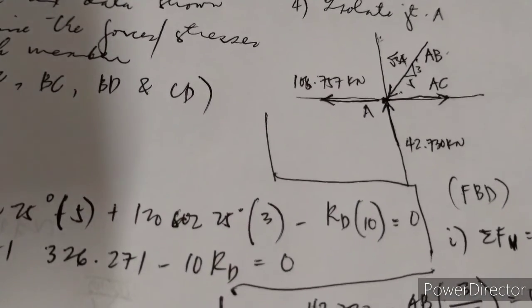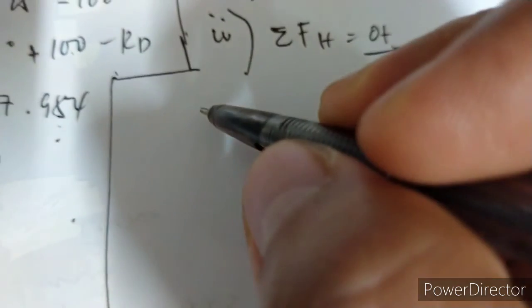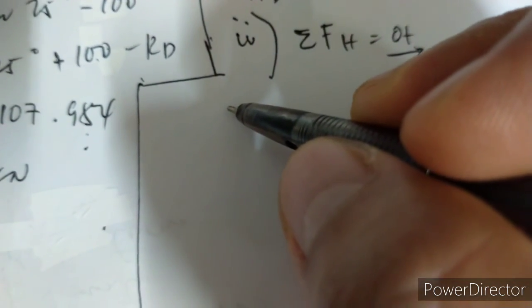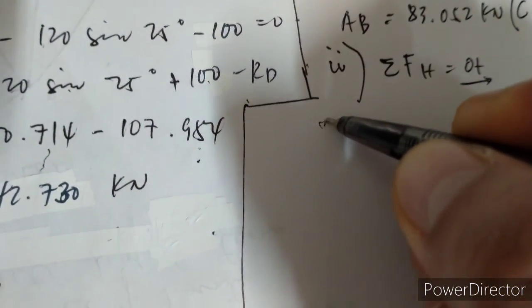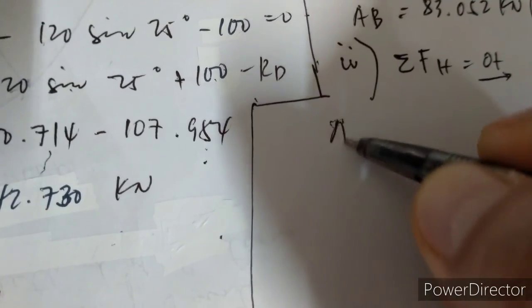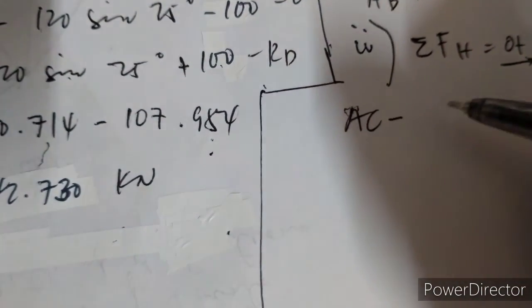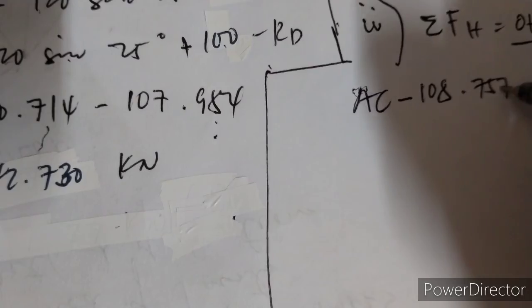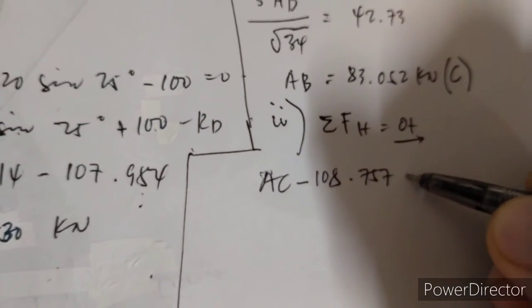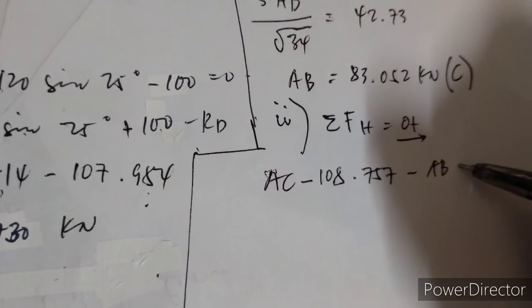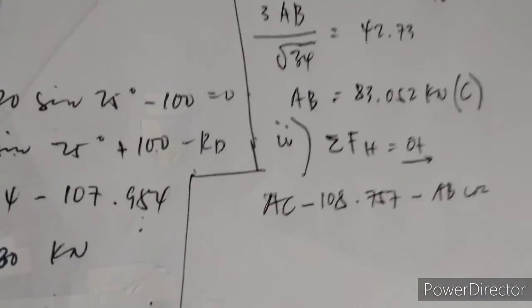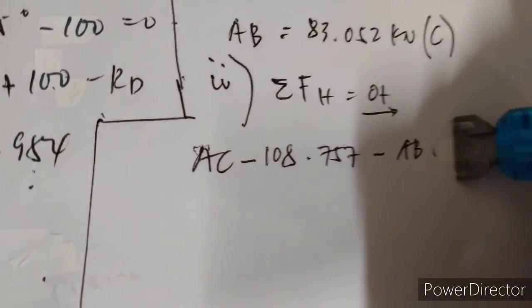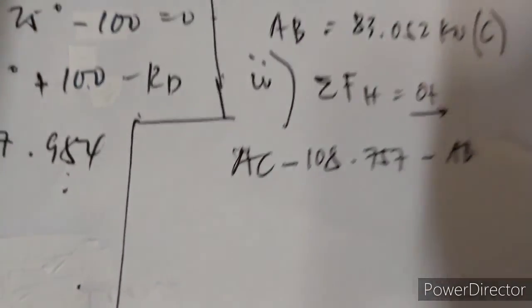Okay, so let's try to write. Going to the right, we have AC minus 108.757 minus AB cosine, or we use the slope form.